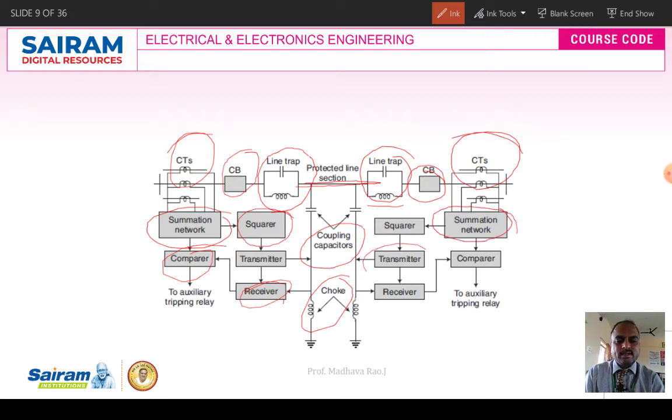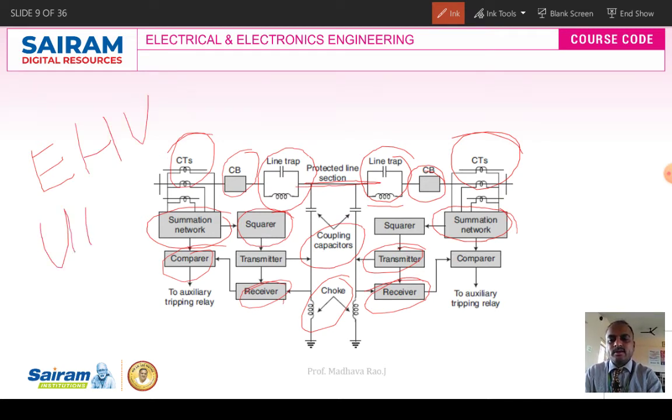The transmitter and receiver will be there on both sides, primary side and secondary side, and they communicate wherever the fault occurs and wherever the fault is cleared. So automatically this system will operate. That is the system we use in extra high voltage and ultra high voltage transmission lines.